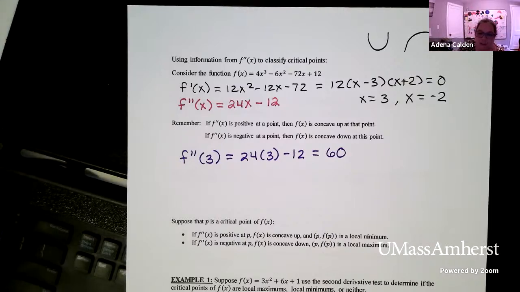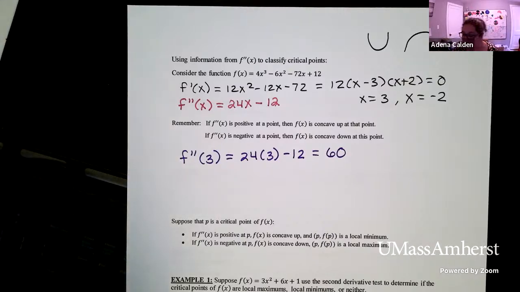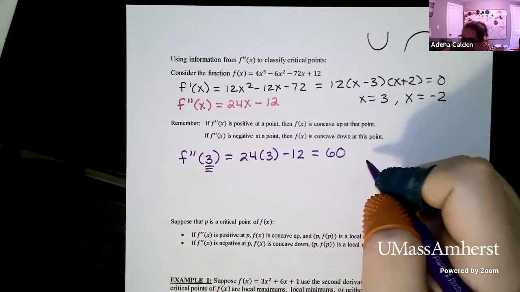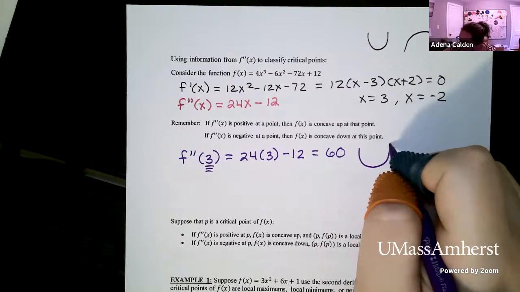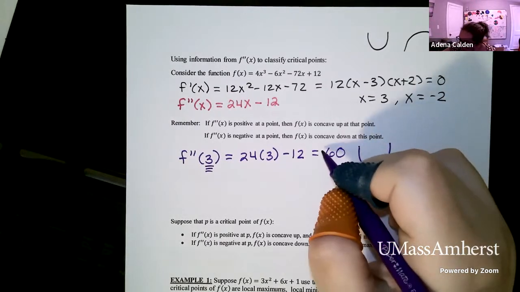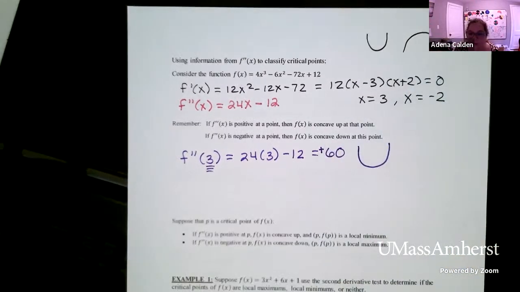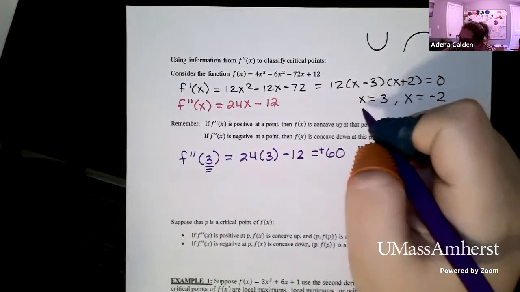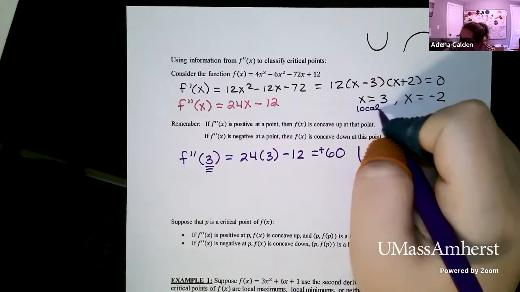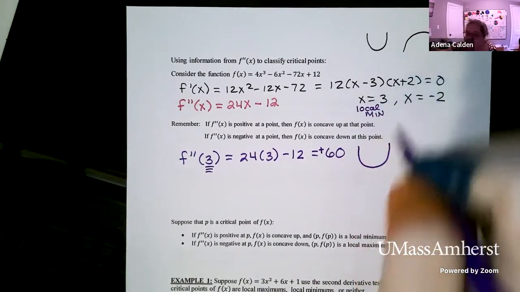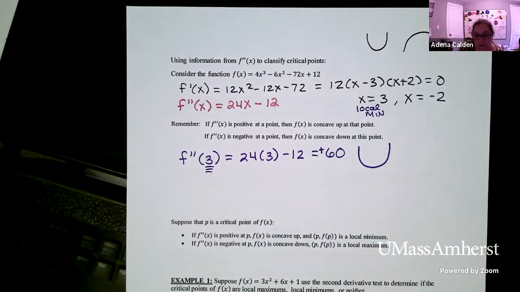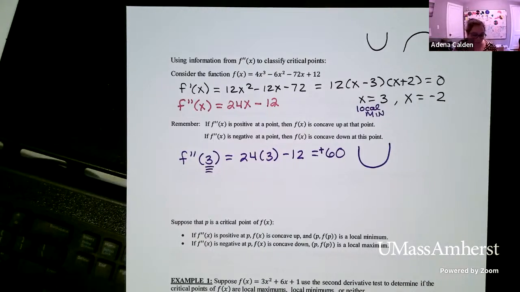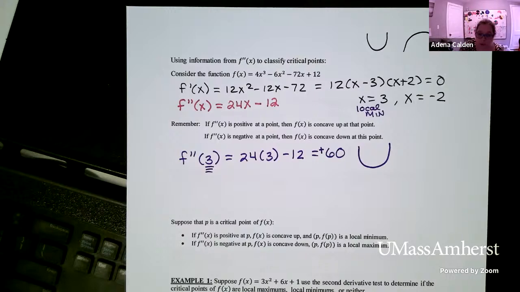If the second derivative is positive at a point, so at the point 3, that makes it concave up, okay? So hopefully you remember that from chapter 2. So since it's concave up, that means that 3 is a local minimum. Now, we got that with our first derivative test. We got that with our graph. So this is just confirming what we already know.